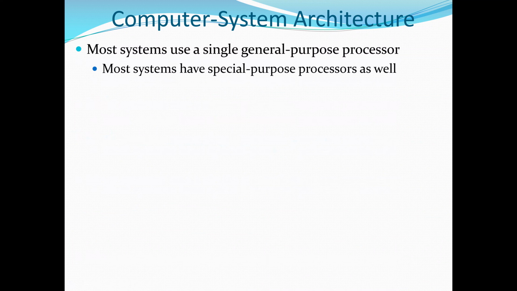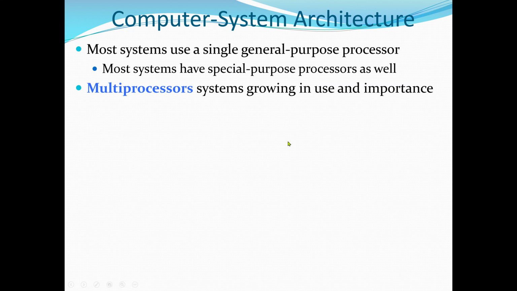Again, we know many years ago, most computer systems use a single processor containing one CPU with a single processing core. The core is the component that executes the instructions and also the registers for storing data locally. Most systems have special purpose processors as well.